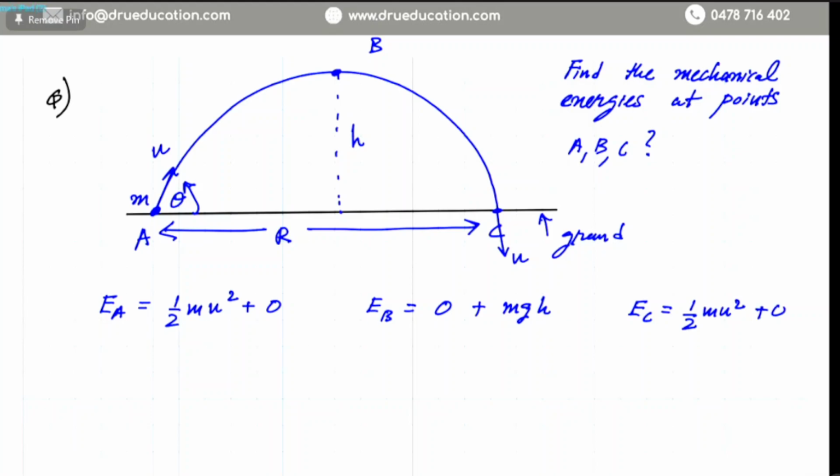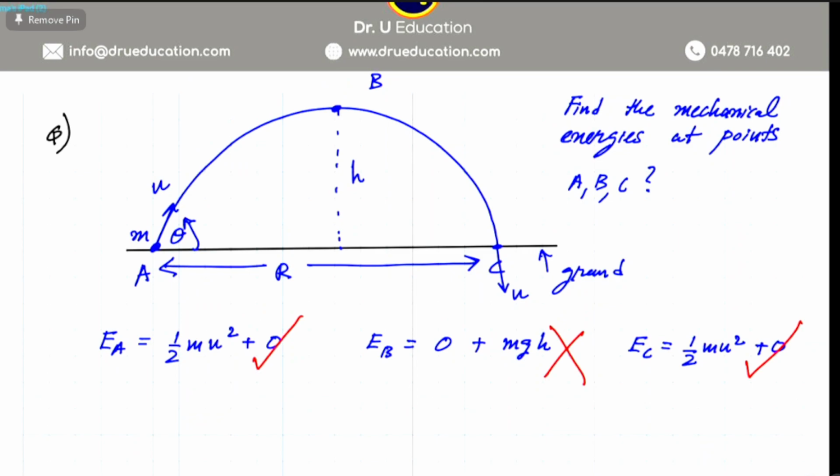Any comments? You forgot something. At the highest point, the vertical velocity only is 0. But there is a horizontal velocity which is u cos theta. Now, answer is there to your question. There is a gravitational pull, that's fine, but it is not straight away pulling down.